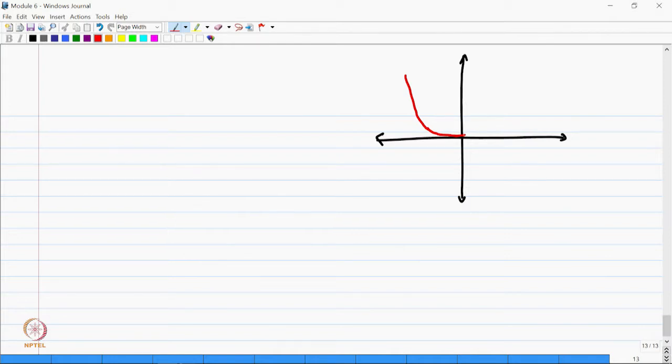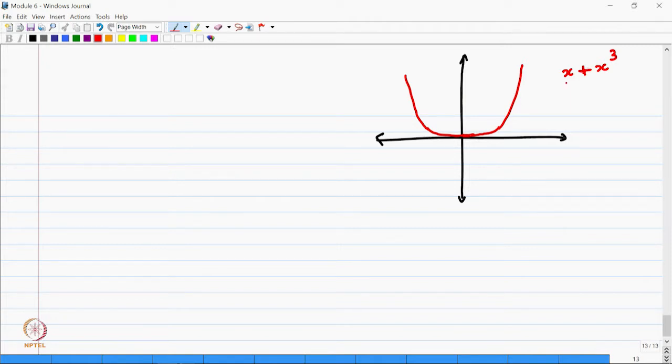It goes flat enough that the second derivative is 0 and then it goes up again. So, suppose you just take a function like x minus x cube. Or I will just say x plus x cube or just x cube for that matter.